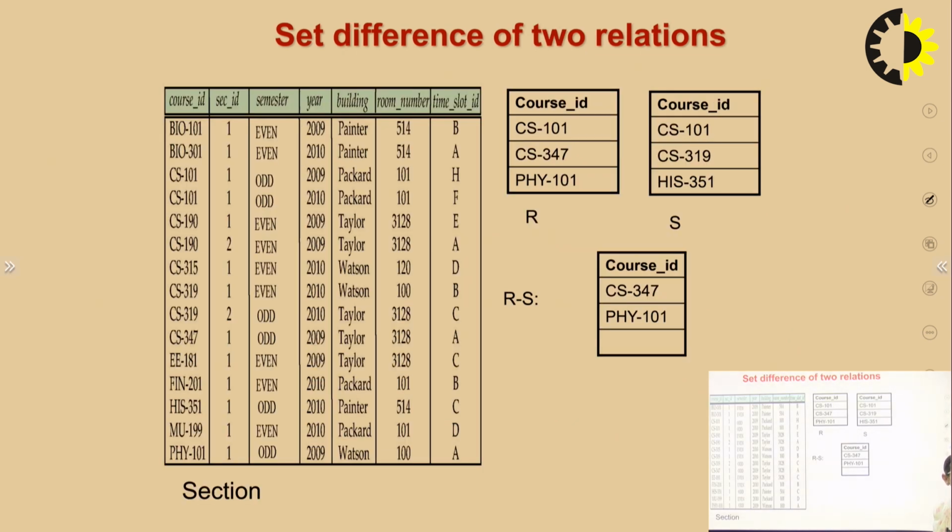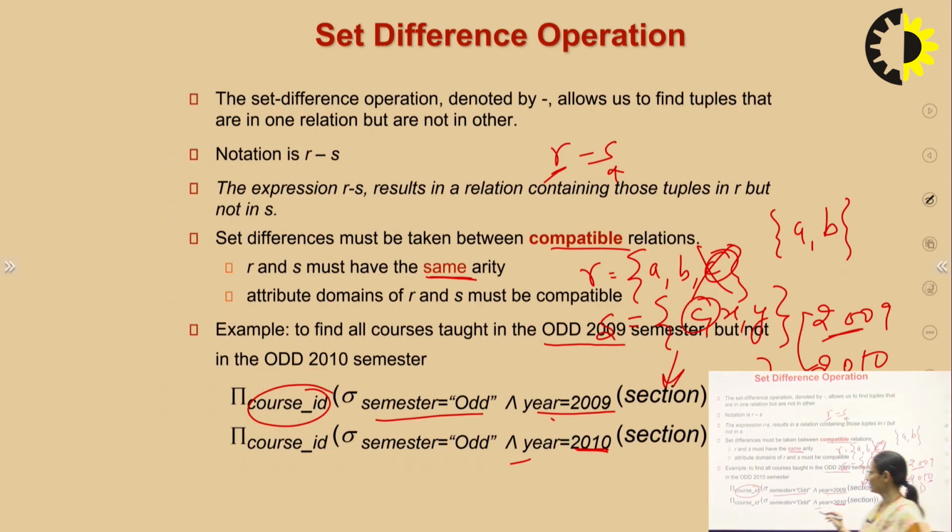So here I am having a relation. If you look at the relation, that is section. Here I am having course ID, section ID, semester, year, building, room number, time slot ID and so on. What I need is only the course ID. So in the very first relation, let's suppose this is my R1 and this is my R2.